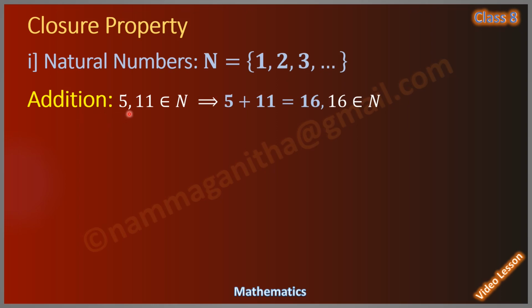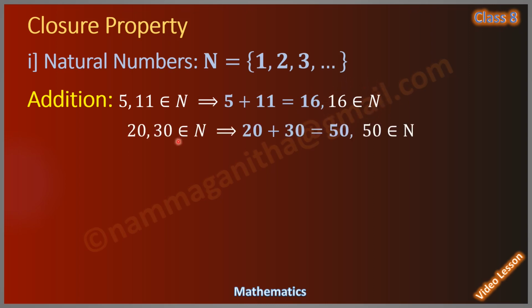If 5 and 11 belong to N, that means if 5 and 11 belong to natural numbers, that implies 5 plus 11, which is equal to 16, and this 16 belongs to natural numbers.